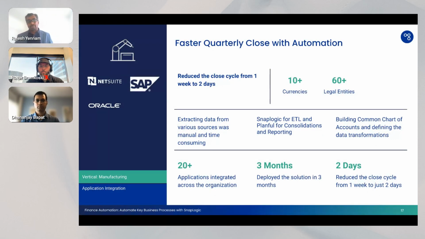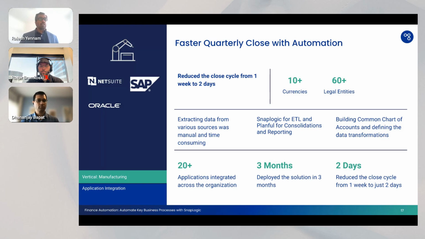And with this customer, we were able to reduce the close cycle, primarily when it comes to extracting the data, from 1 week to 2 days. Now the finance team has that time back to focus more on the strategic initiatives. We were able to integrate 20-plus different applications because they have a lot of native ERP systems that are deployed.